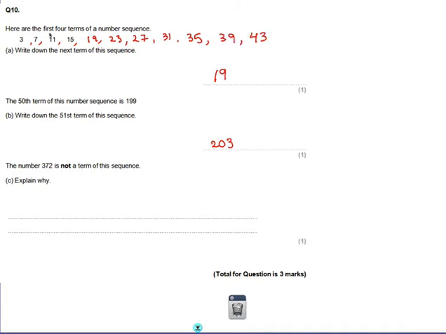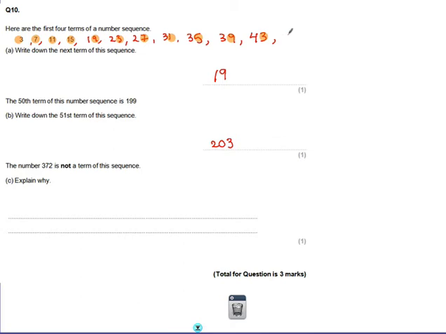If you take a look at these sequences, 3, 7, 11, 15, the last digit of the units goes 3, 7, 1, 5, 9, 3, and it keeps repeating.